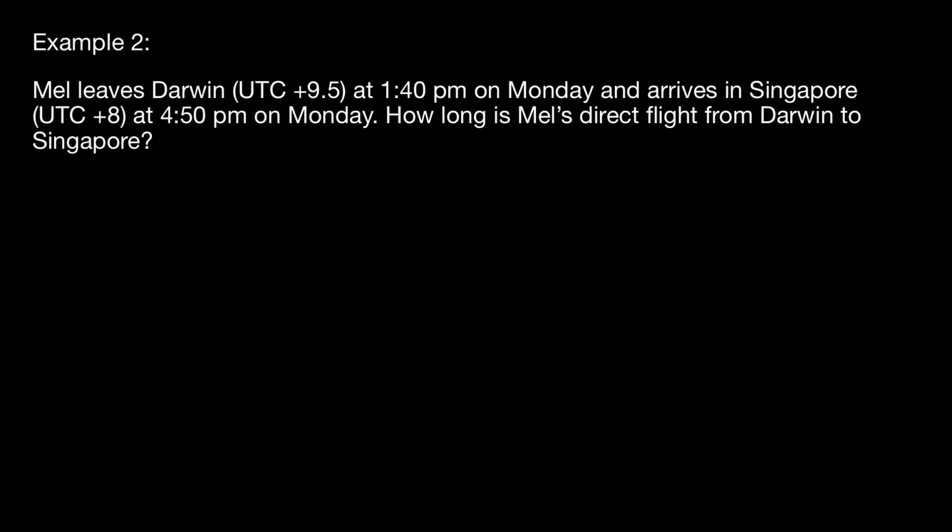Okay, example number 2. Mel leaves Darwin, UTC plus 9.5, at 1:40 p.m. on Monday and arrives in Singapore, UTC plus 8, at 4:50 p.m. on Monday. How long is Mel's direct flight from Darwin to Singapore? Again, I'm going to underline some of those key points.